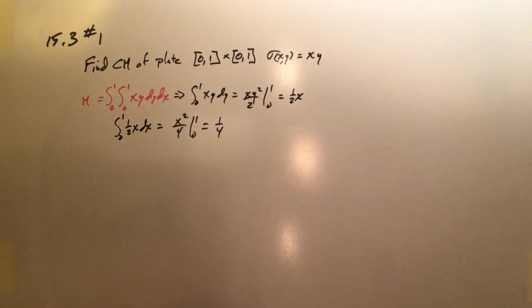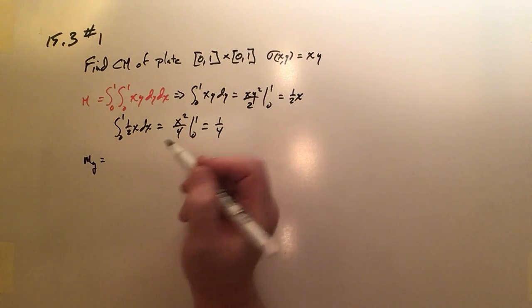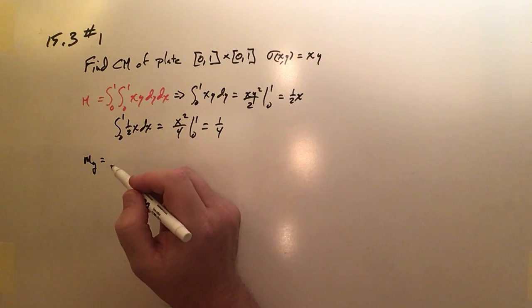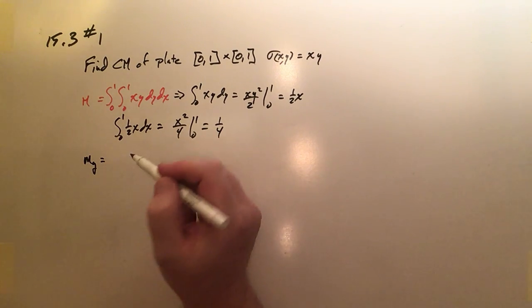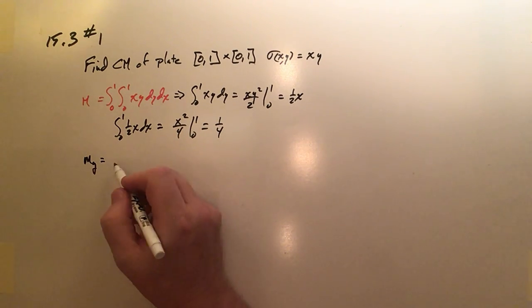Okay, now we need the two moments, and so we need the moment in the y direction. Keep in mind that the moment in the y direction and the moment in the x direction are the moments about the y-axis, which means we're now going to integrate with an extra x.